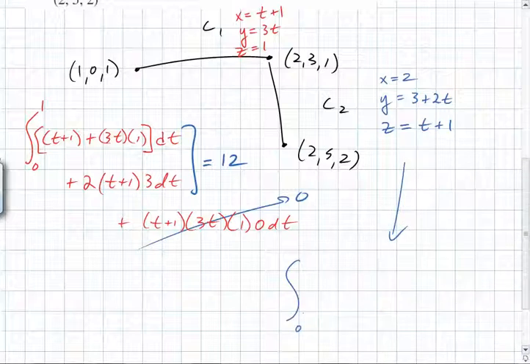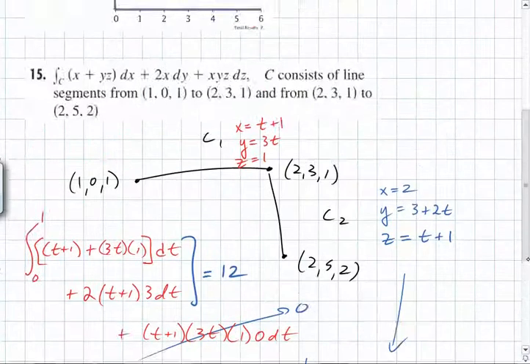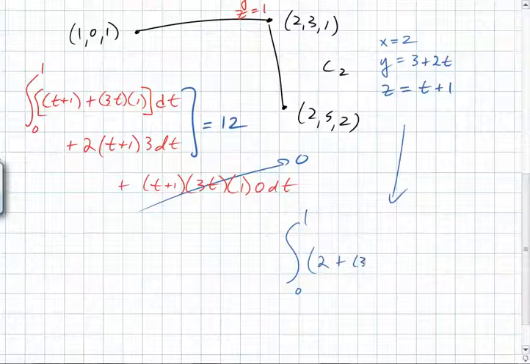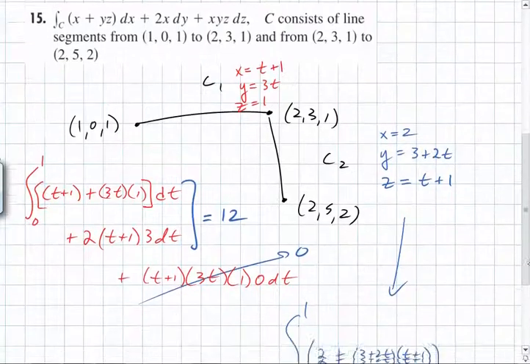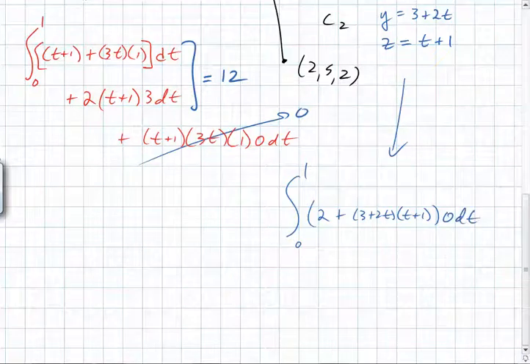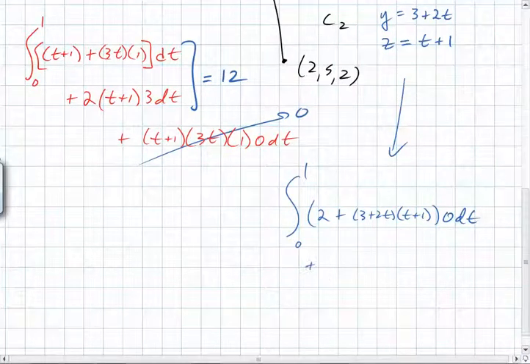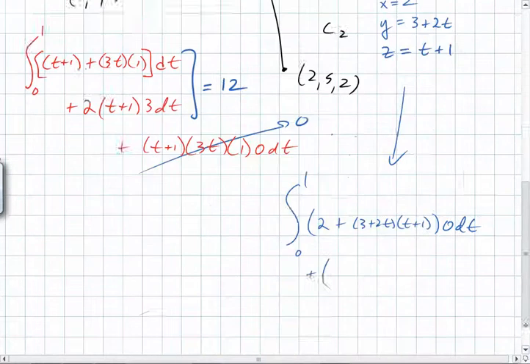It's going to be from time equals 0 to time equals 1 of 2 plus, it's yz, right? 3 plus 2t times t times, it's dx on this one? Yeah, dx. So it's just going to be 0 dt. Hey, that's nice. Plus what? What is this value? It's 2x.